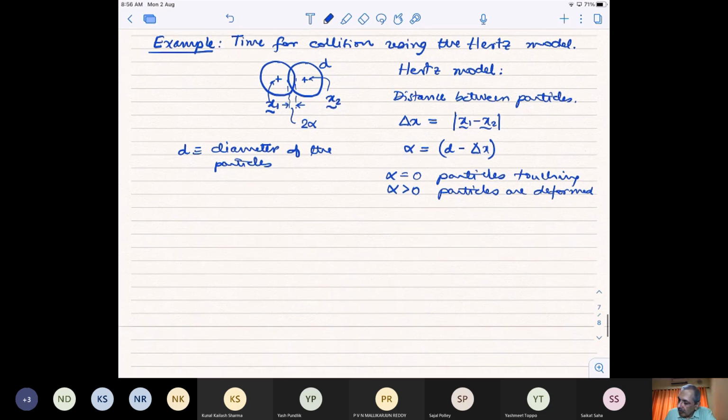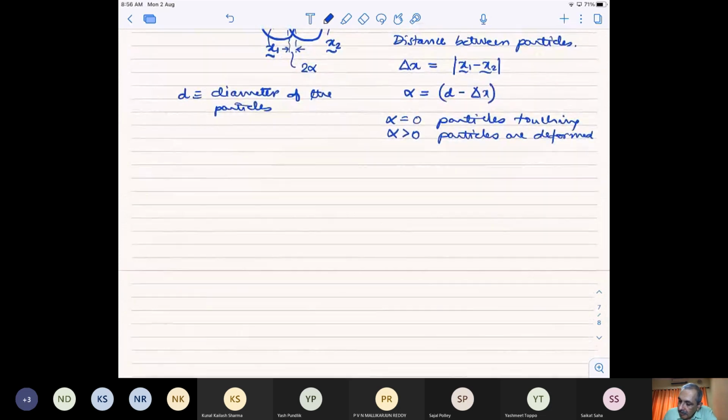And we saw in the previous class that the potential energy is related to the overlap by a simple formula, called the Hertz formula, Es equals K times alpha raised to the power of 5 by 2, where K is a material property. This is essentially what you might call Hertz law.